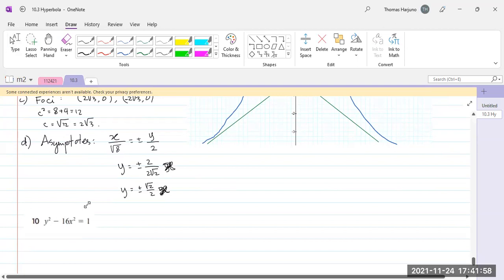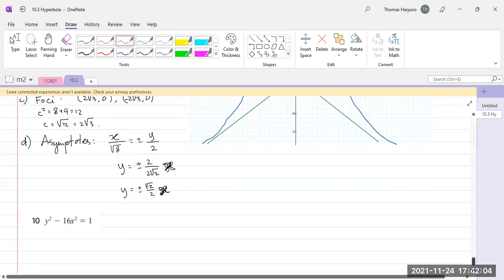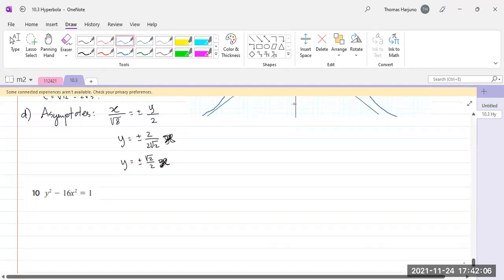So if you find it to be hard, it's not supposed to be hard yet. Okay, this is already in standard form, but we have an issue here. Let's rewrite this into the standard form: y squared over 1 minus x squared over 1 over 16. That's actually the standard form.